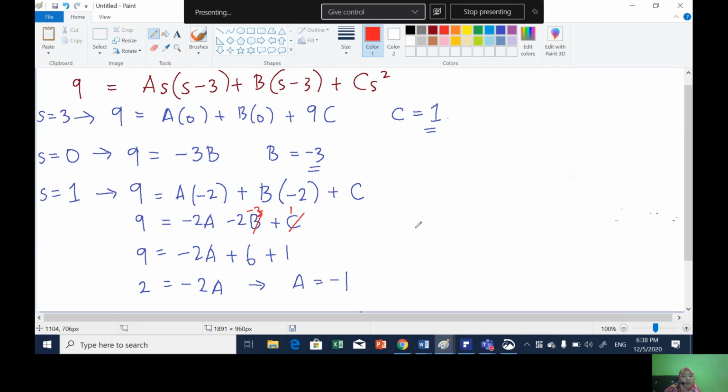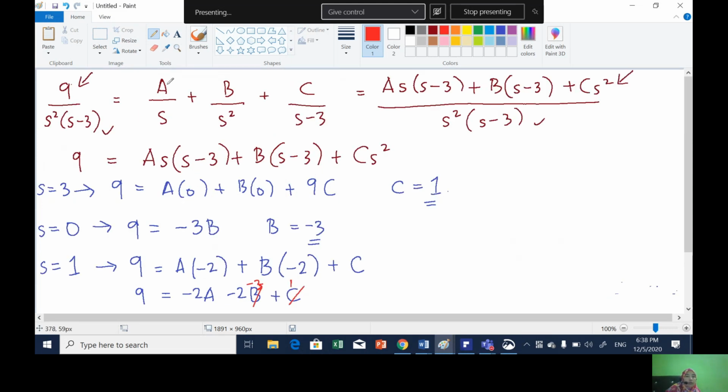So we have A is negative 1, B is negative 3, C is 1. Therefore, this fraction has been reduced to 3 partial fractions. Each of these 3 partial fractions can be inverted directly from the Laplace table.